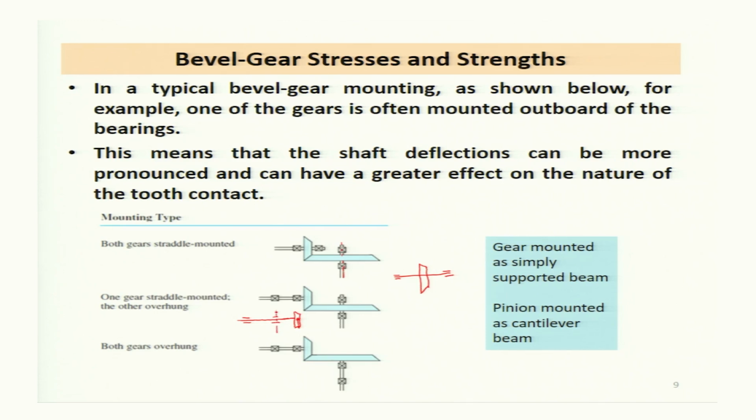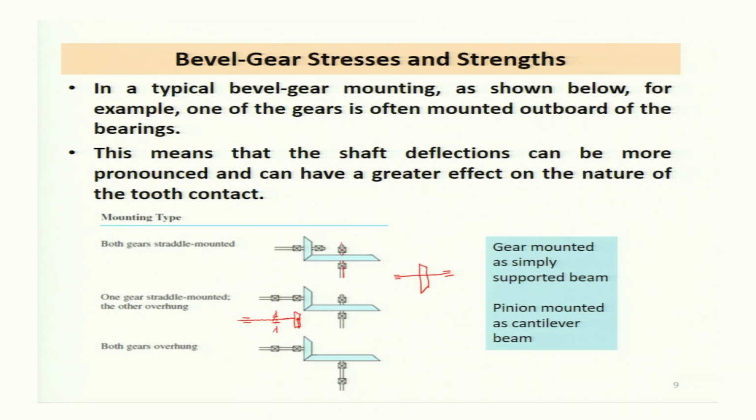This may be said as a fixed point, and this is the beam where a bending moment is applied or the load is applied. So, both gears overhung. In this case, one is overhung, another is straddle mounted, simply supported and cantilever. Here both are cantilever type.